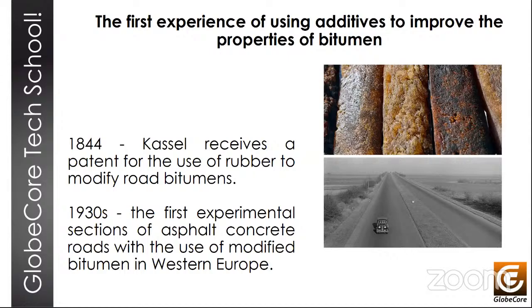And in 1844, a Castle patent appeared for the use of such bitumen mixtures in road surfaces. The first experimental sections of asphalt concrete pavements using modified bitumen were built in a number of Western European countries in the 1930s. Many areas of asphalt pavements using modified bitumen have proven themselves very well in heavy traffic conditions, and so the advantages of modified bitumen became quite apparent.